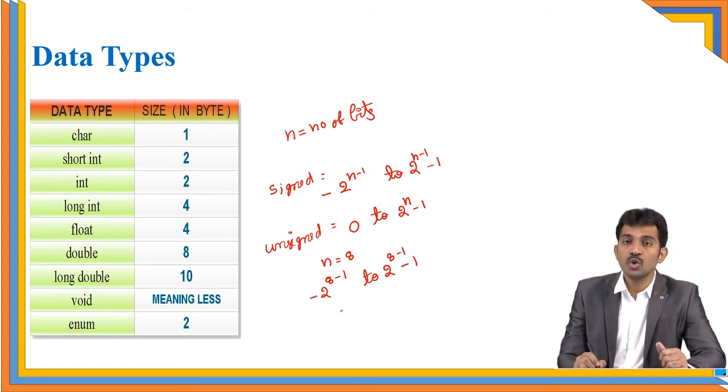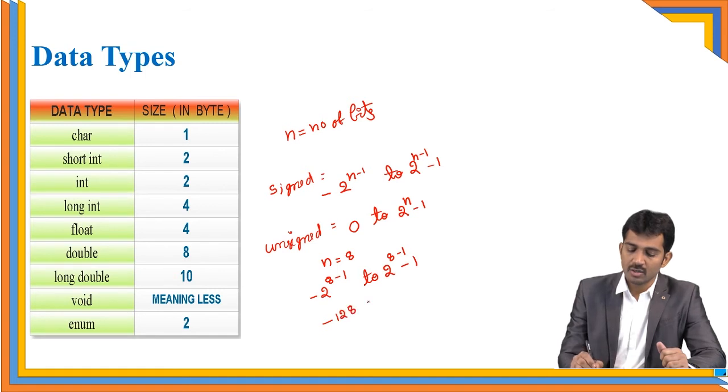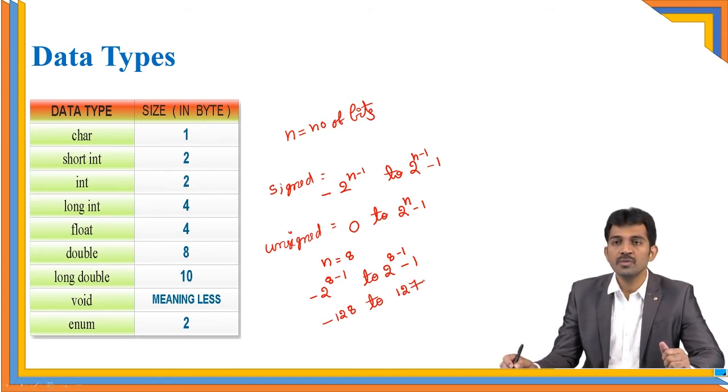So the maximum value is 2 power 7. What is 2 power 7? It is 128. 2 power 7 minus 1 means 127. It is going to store a minimum value of -128 and a maximum of 127.